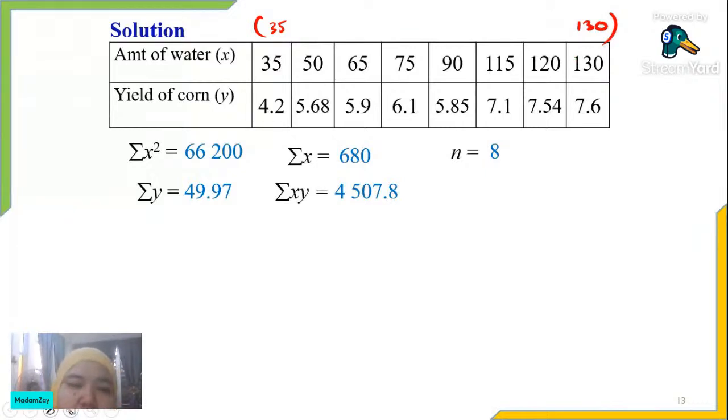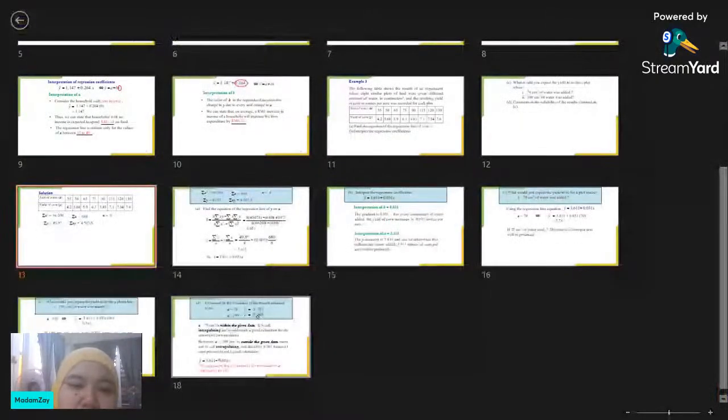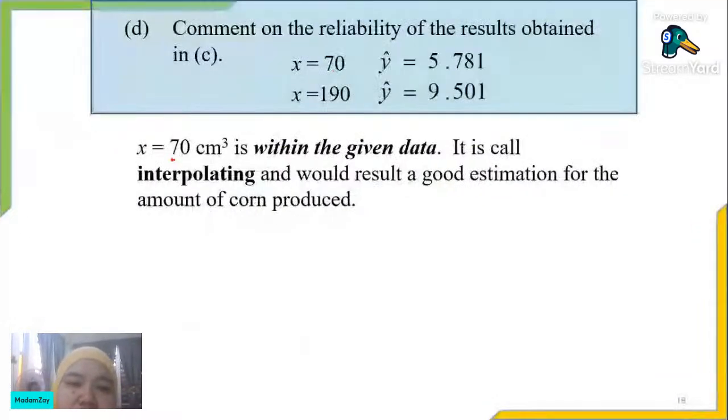But for question C1, it gives you 70. Earlier the range was 35 to 130, so 70 is within the given data. So we can say that x equal to 70 is within the given data. It is between the values given.